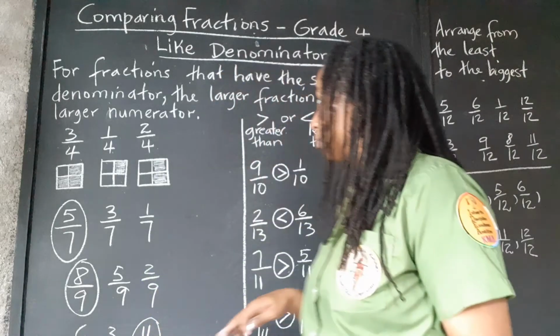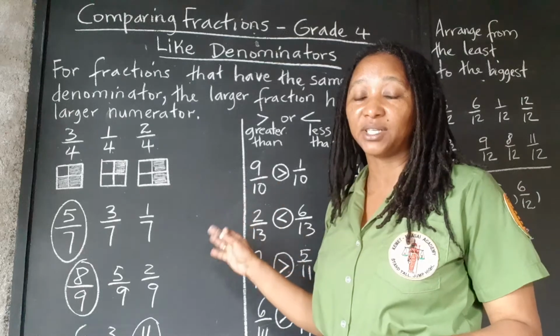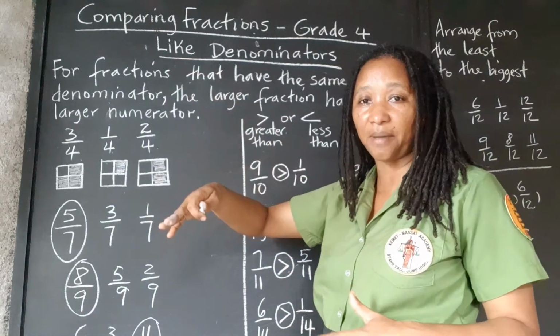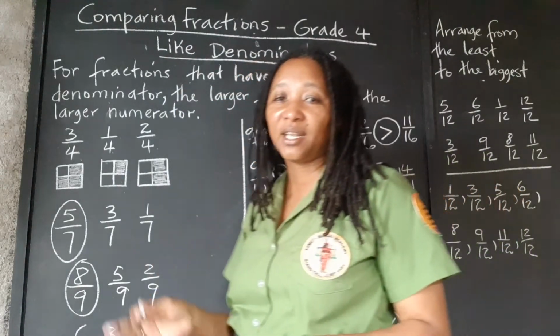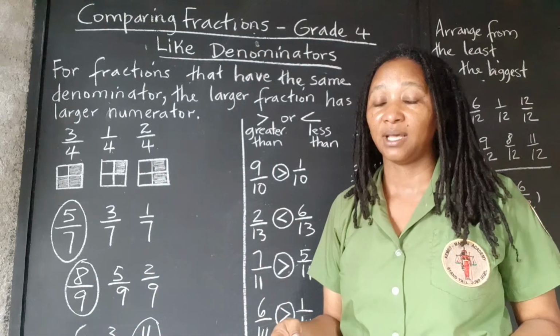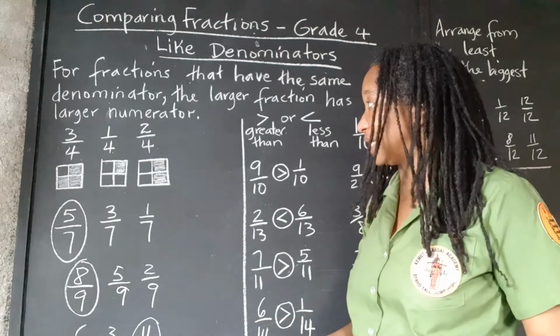Alright, so to recap, we're comparing fractions, but these fractions have the same denominators, like denominators. Once the denominators are the same, we simply have to compare the numerators. And the bigger the numerator, the bigger the fraction that it represents.